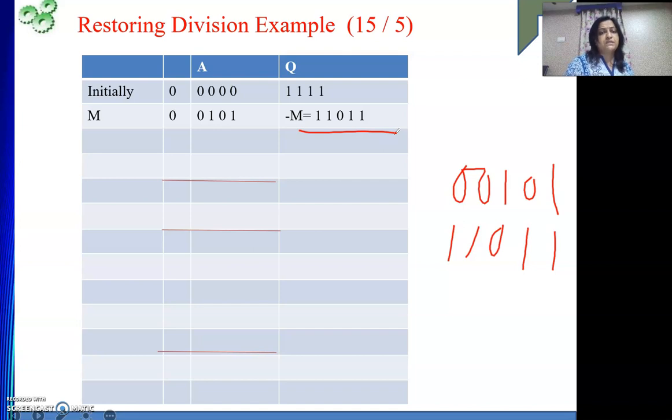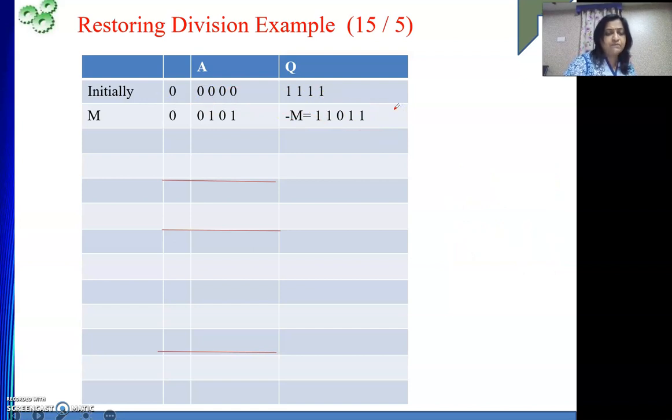What we will do first, we'll shift A and Q to the left. A as a whole, including the sign bit, and Q will shift to the left. So this one will come here and then this will be the vacated bit position. In case of shifting, the vacated bit position is filled up by 0.